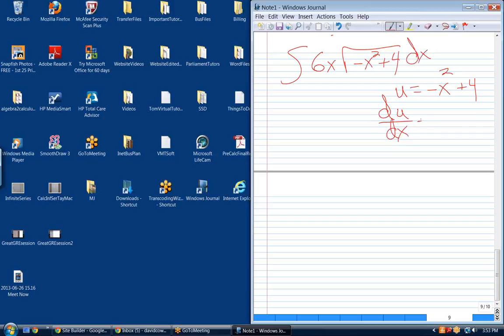Negative 2x. So what do I need to do? I need to change this 6x into minus 2x.